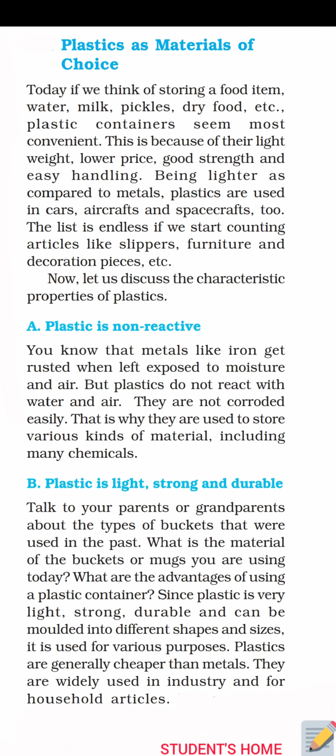Now coming to the next point, that is point B. Plastic is light, strong and durable. Since plastic is very light, strong, durable and can be molded into different shapes and sizes, it is used for various purposes. Plastics are generally cheaper than metals. They are widely used in industry and for household articles.